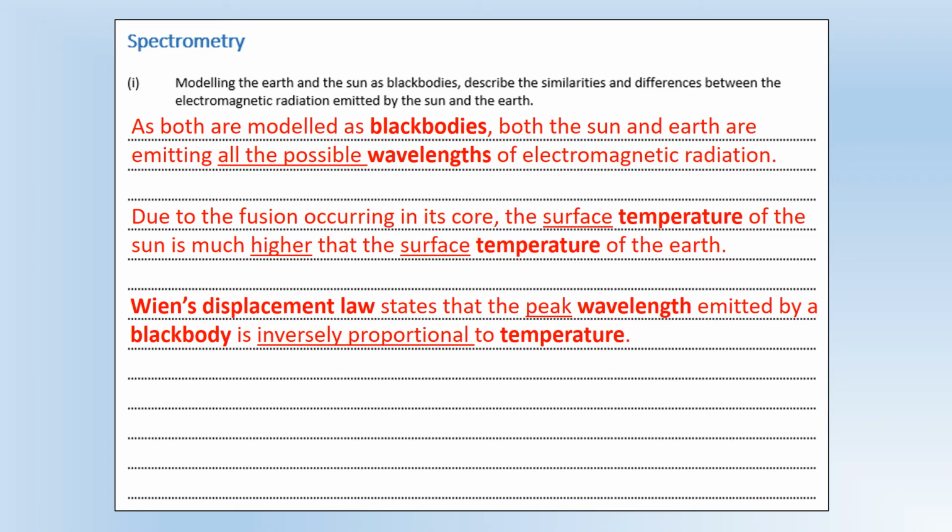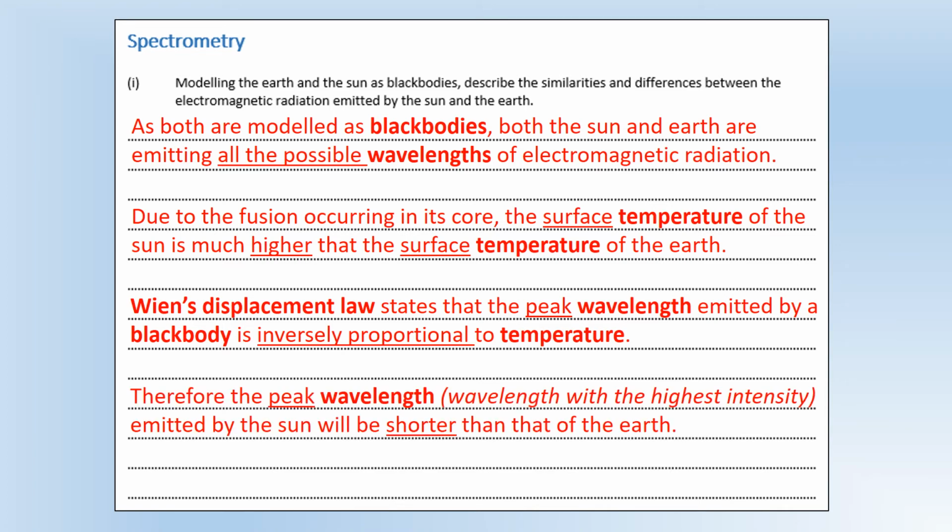That says the peak wavelength, or the wavelength at the highest intensity, is inversely proportional to temperature if we can model it as a black body. Therefore, for the Sun, the peak wavelength is going to be shorter than that of the Earth, and that's the key difference between the 2 types of radiation. The wavelength at the highest intensity is going to be shorter for the Sun.